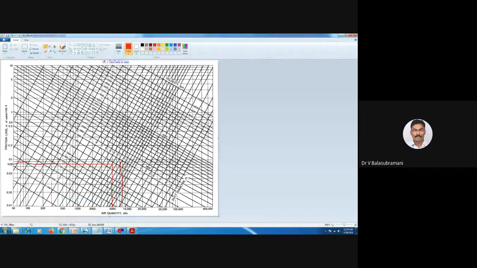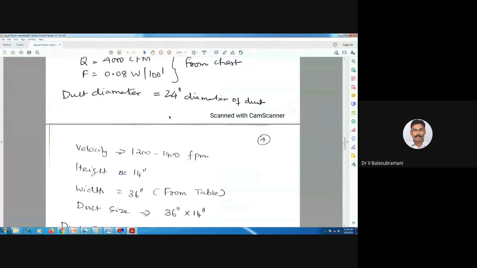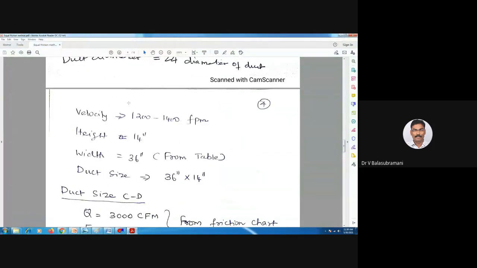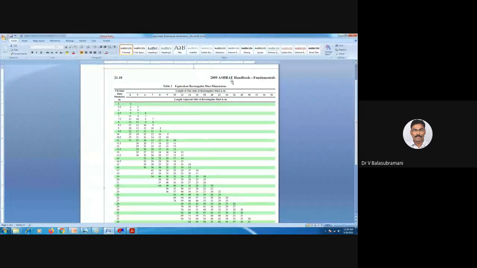From 4000, you try to draw the line. There is no need. I think the equivalent diameter is equal to 24, so the diameter is 24 inches and the velocity is 1200 to 1400. The height is equal to 14 inches. The width is calculated from the ASHRAE Handbook Fundamentals, page 21.10.